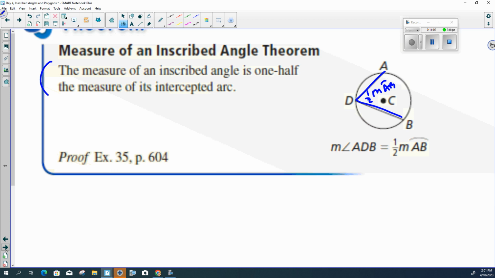The measure of an inscribed angle is 1/2 the measure of its intercepted arc. So the picture just has the one angle, and this is very useful. If you don't write that part down, the picture doesn't do you any good.